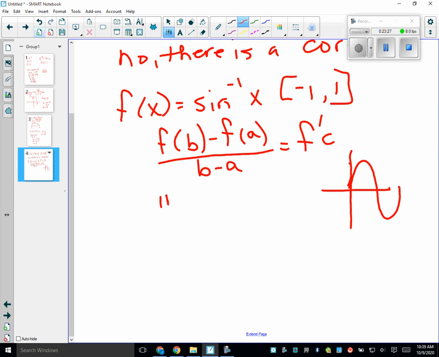So I have pi over 2 minus 3 pi over 2, right? Over... That doesn't look like it would be 5. Why? Wait, wouldn't it just... Wait a minute.